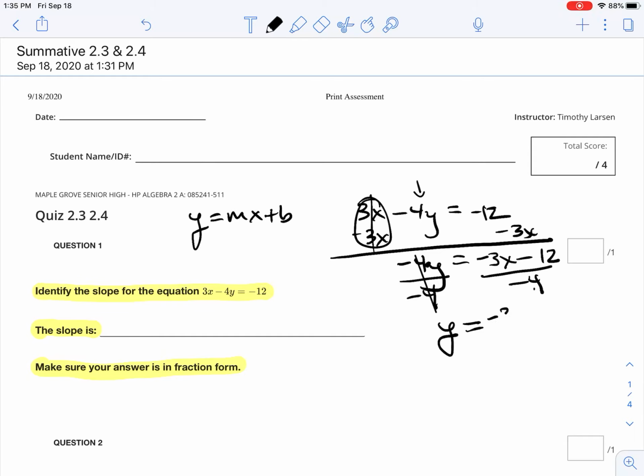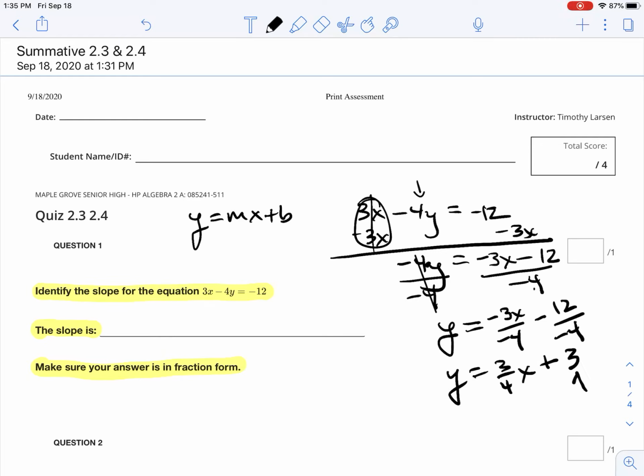It's going to be negative 3x over negative 4 minus 12 over negative 4. A negative over a negative becomes a positive, so I end up with 3/4 x, and then negative over a negative is a positive, so I end up with 3.